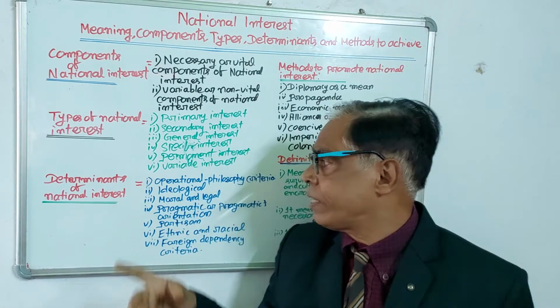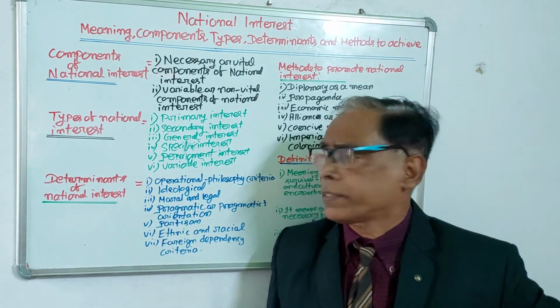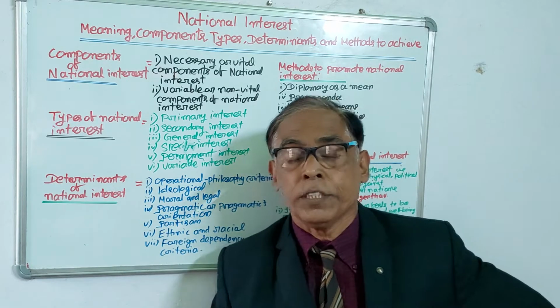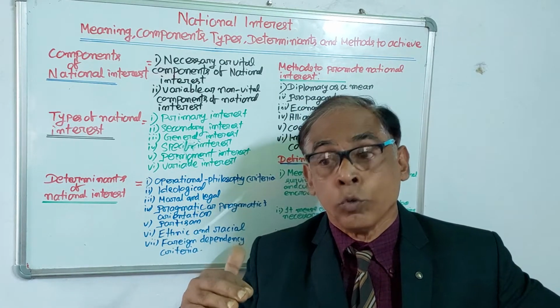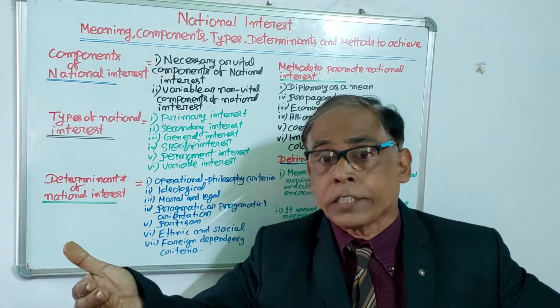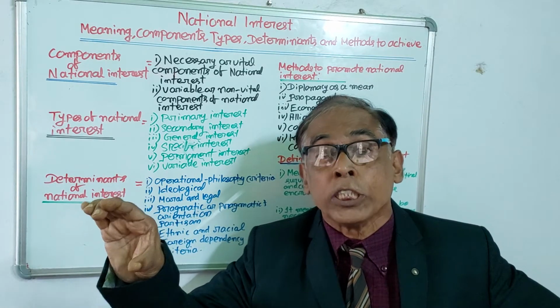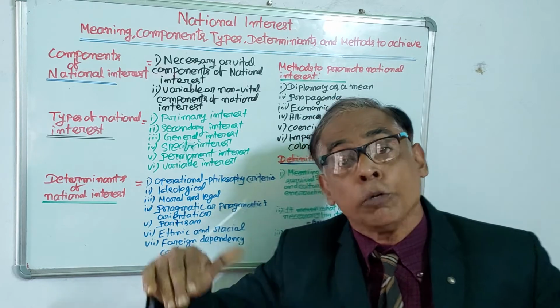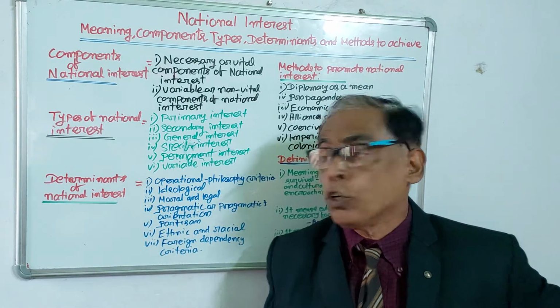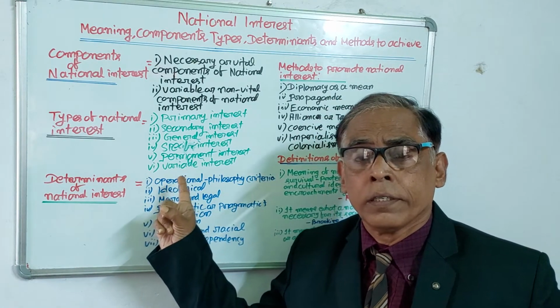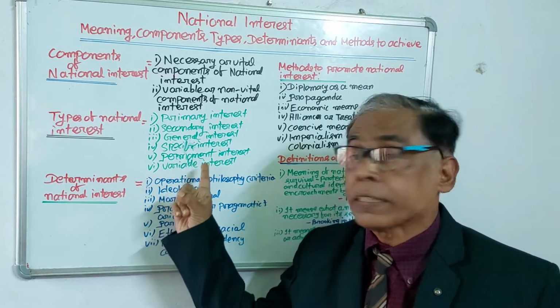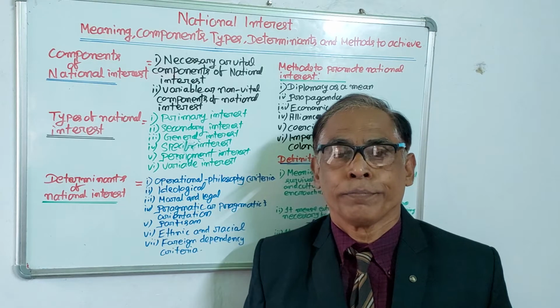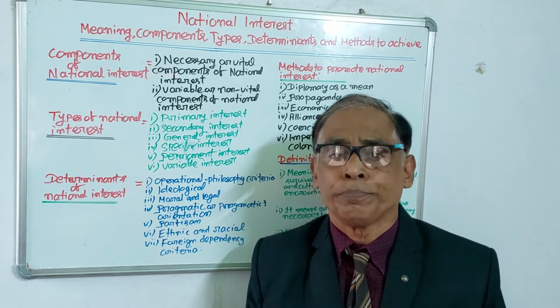Just the reverse of it is the variable national interest. Variable national interest means the national interest which can be changed on the basis of the situation, on the basis of the occasion. So variable national interest can be changed from time to time, but permanent national interest cannot be changed. It can be changed slowly.